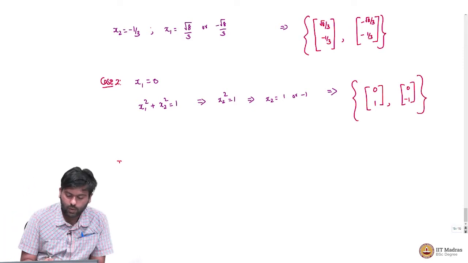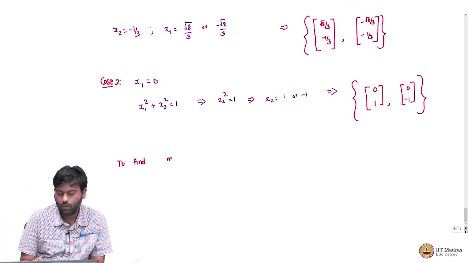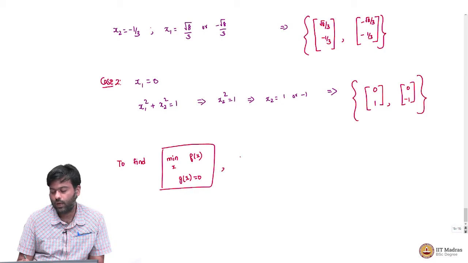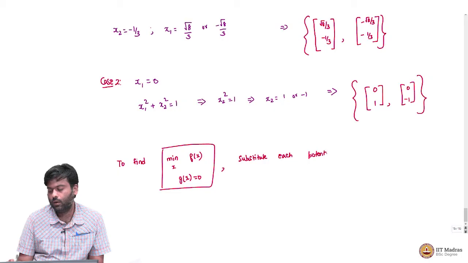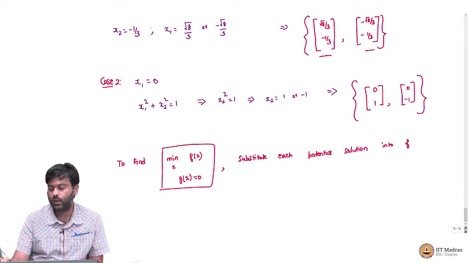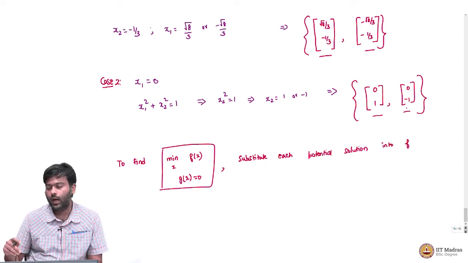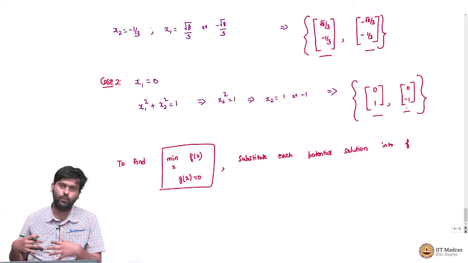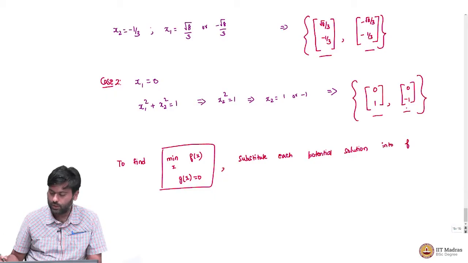So to find min over x of f of x such that g of x is 0, in this case, what we have to do is substitute each potential solution into f, right. So you have 4 possibilities, correct, and now we substitute each of these possibilities into f and see which one gives us the least value. Now, let us go ahead and do that for completion's purpose.